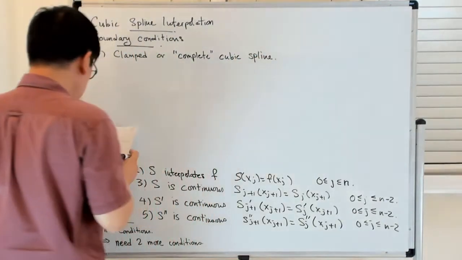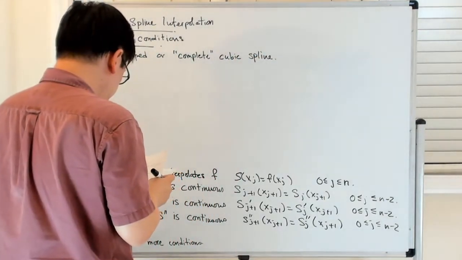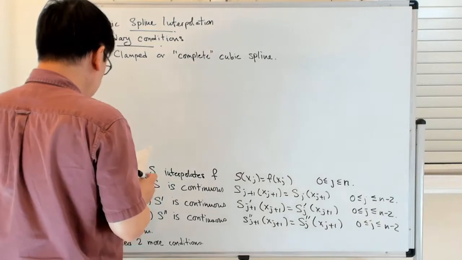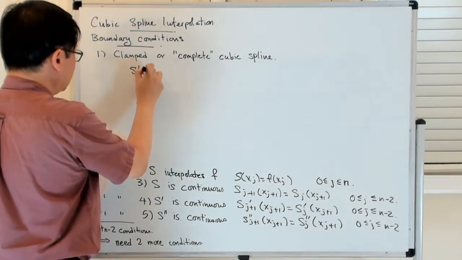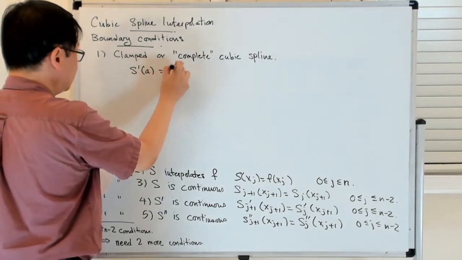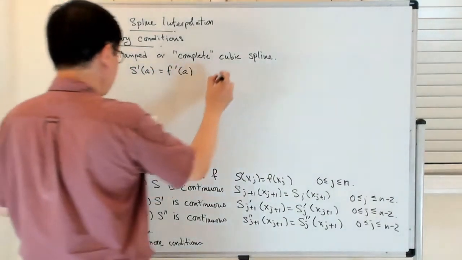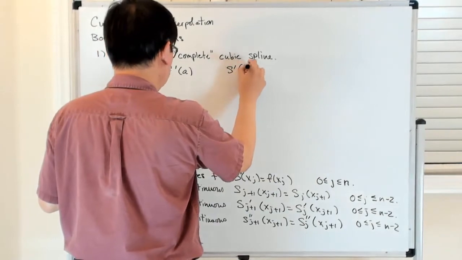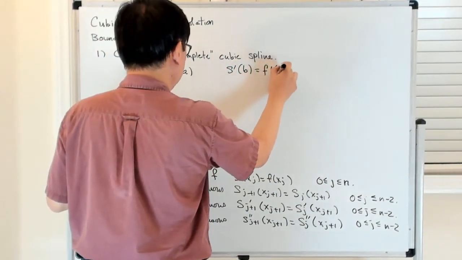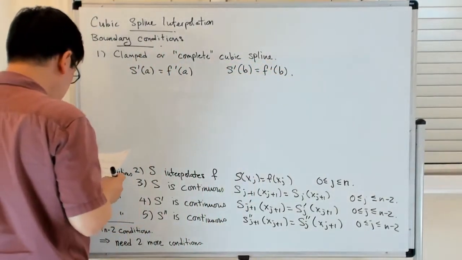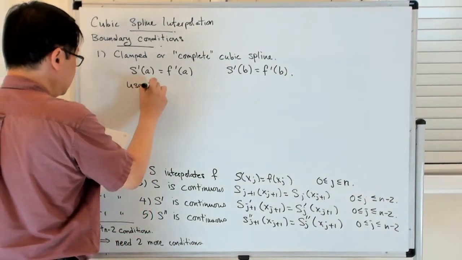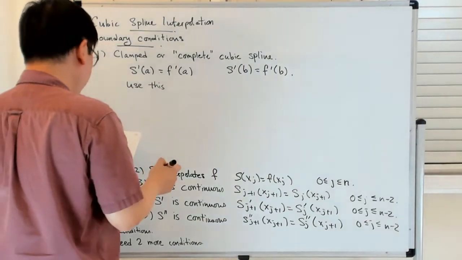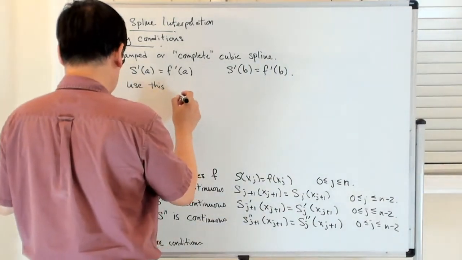Essentially, that involves prescribing S prime at A, which is F prime at A, and S prime at B, which is F prime at B. You use this clearly if you happen to know what the derivative at the endpoints are.